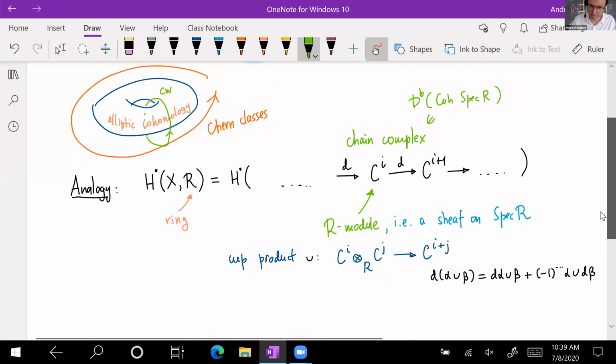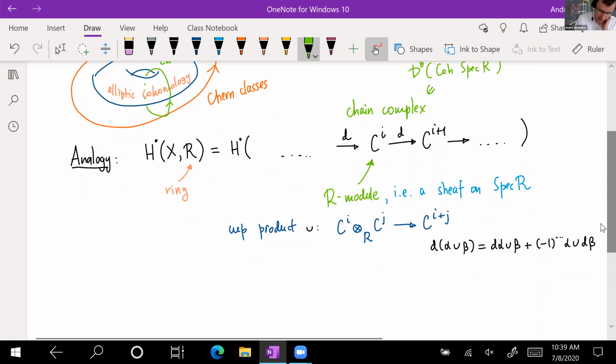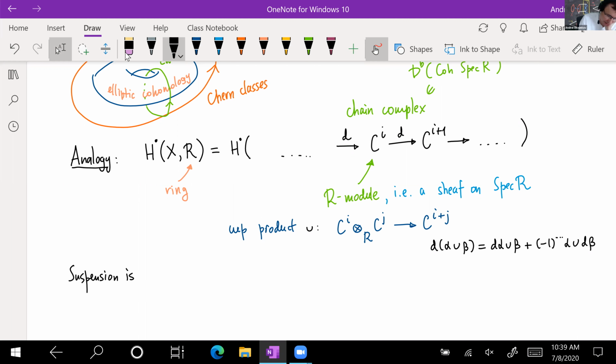Okay. And so various properties of cohomology, such as suspension. There's a suspension isomorphism. What does the suspension property say? It says that the (i+1)-th reduced cohomology of the suspension of X is the same as the i-th cohomology of X itself, both reduced.